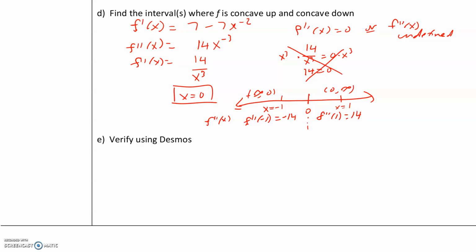So in this interval, since f double prime is negative, this is going to be concave down, and then this will be concave up. So we're going to get an M shape over here. We're going to get a U shape over here. And verify using Desmos. Please do it yourselves, and we will also do this in class.